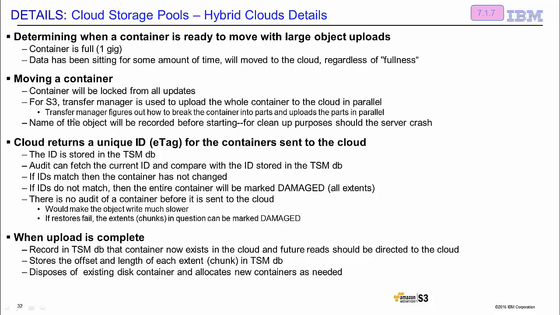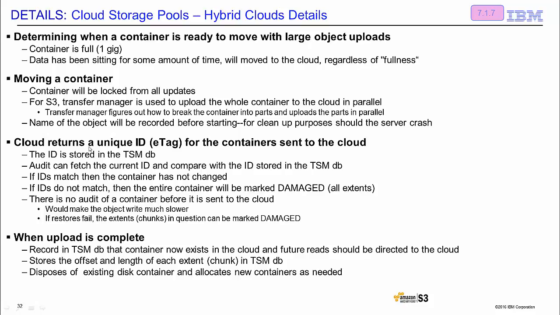When we write the data out to the network, we do lock that container, and we do have an S3 transfer manager that's going to work with us to write the data out in parallel to the cloud. Now, the name of the objects will be recorded before we start the move process in case there's some kind of network or server crash.